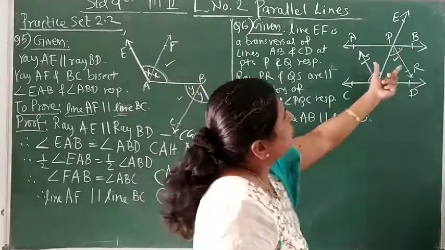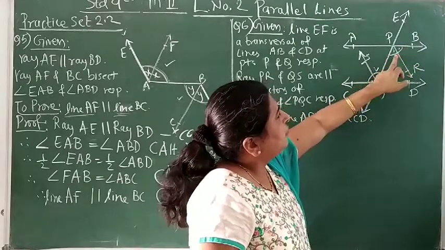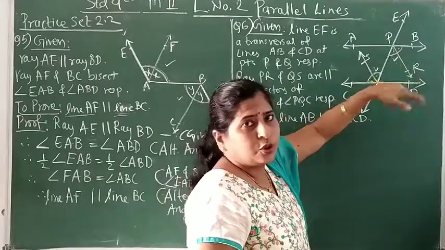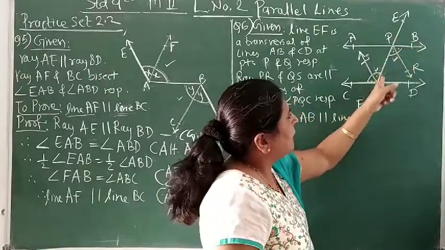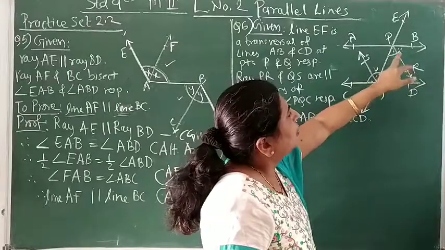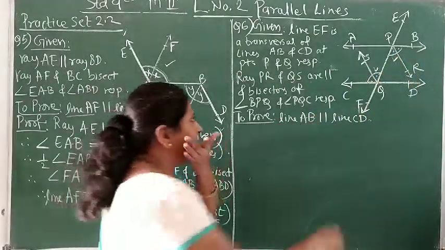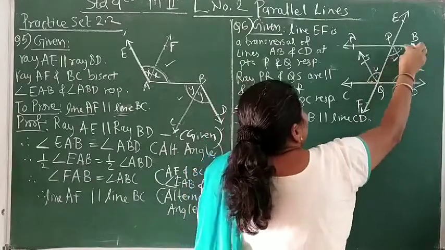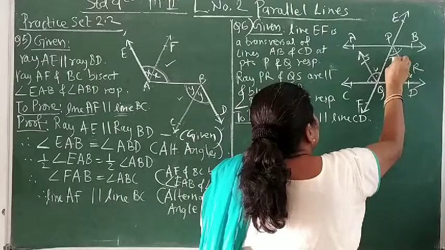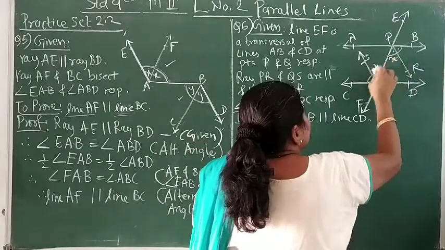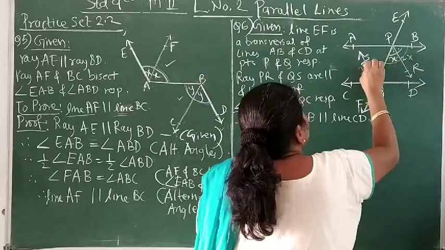If these two alternate angles are congruent, how can we get the bigger angle? If we multiply this smaller angle by 2, we get the bigger angle, because this is half of the bigger angle BPQ. So in short, if this is x and this is x, the bigger angle is going to be 2x and here also 2x.